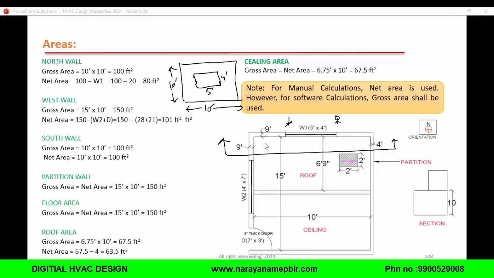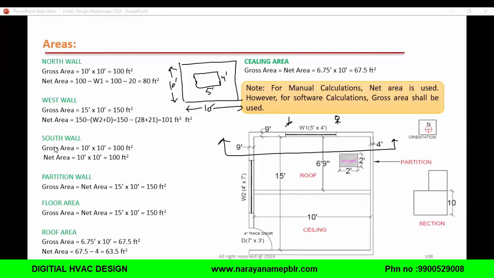If you see, this length is how much? 15. Height is 10. So 15 into 10, 150. And the net area is how much? 150, you need to subtract this value. 7 into 4, 28, plus 21, which is 49. So 150 minus 49 is 101. Clear?